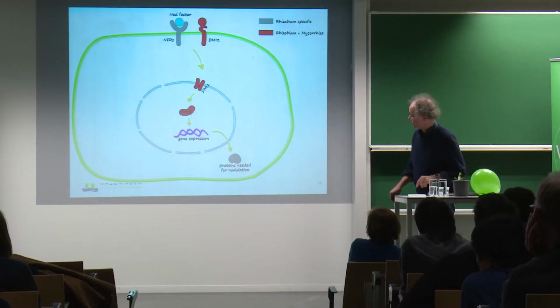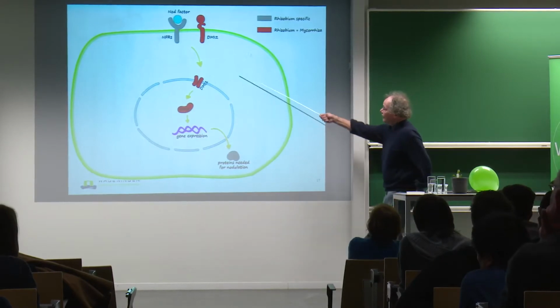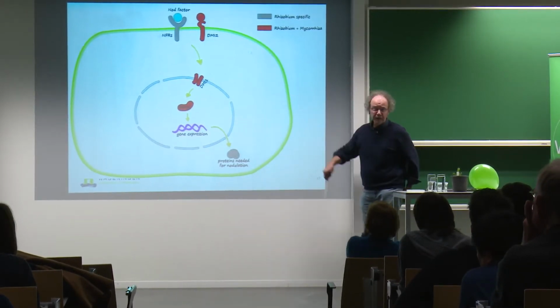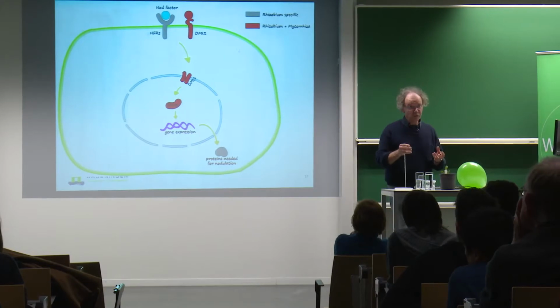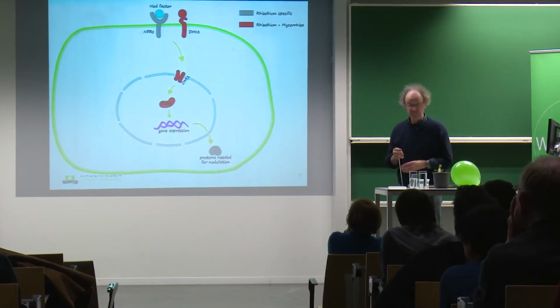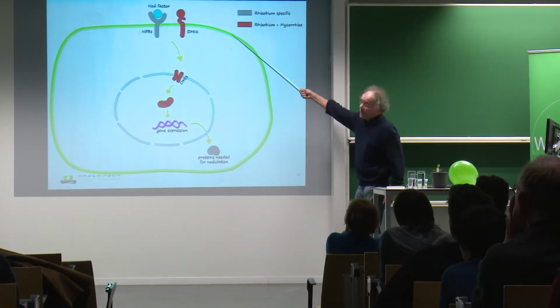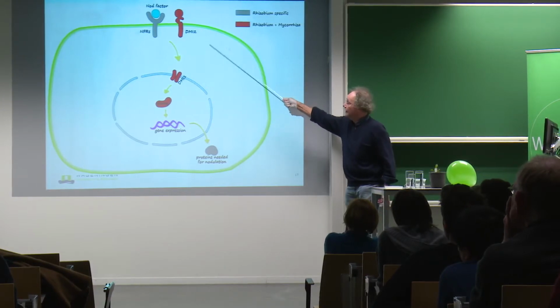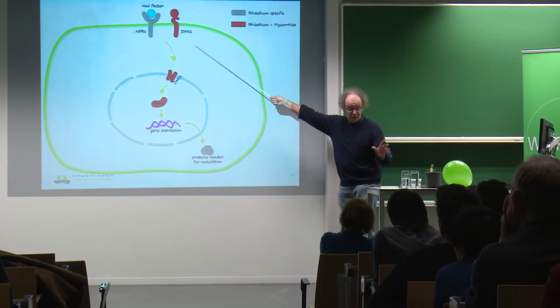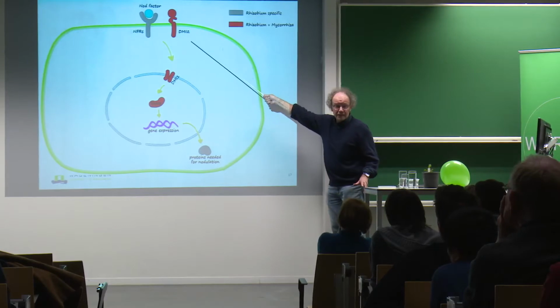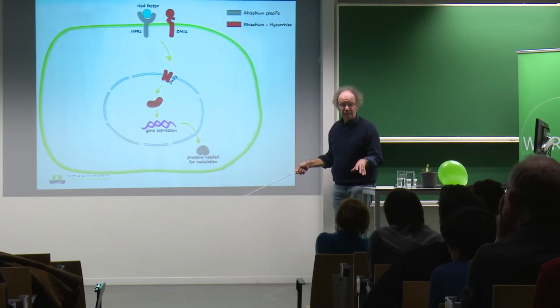So this molecule has to be recognized by the plant. That's what I indicated there, and the blue ball there, that's the nod factor. It's recognized. We are here at the outside of the cell. It is recognized by the receptor, and the signal is now transmitted.